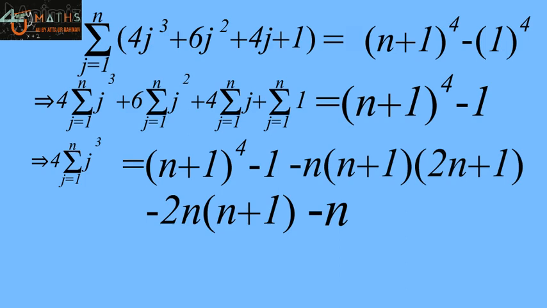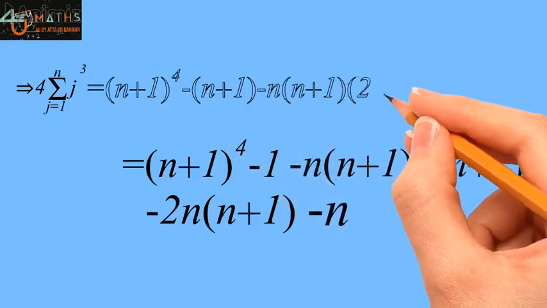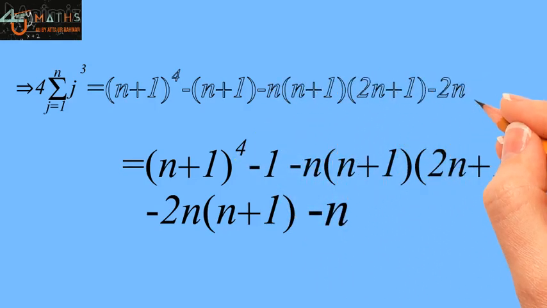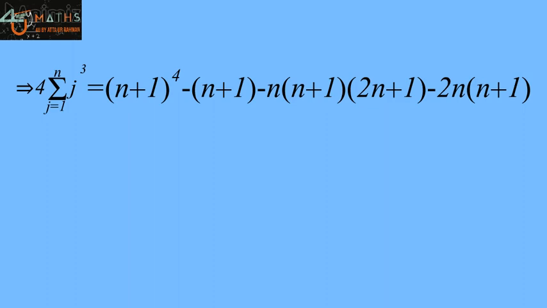Now using algebraic manipulation, we have (n plus 1) whole 4 minus (n plus 1) minus n into n plus 1 into 2n plus 1 minus 2n into n plus 1.